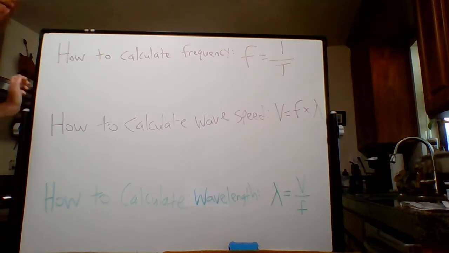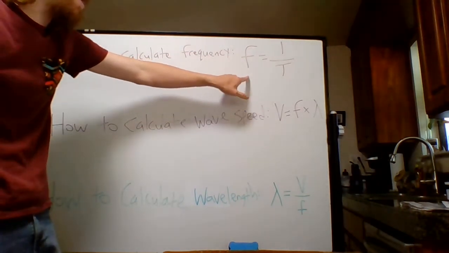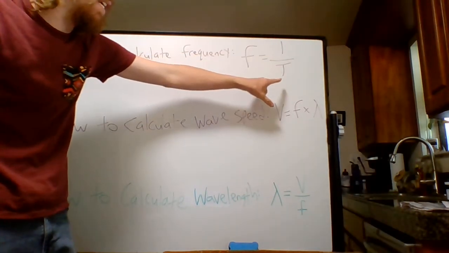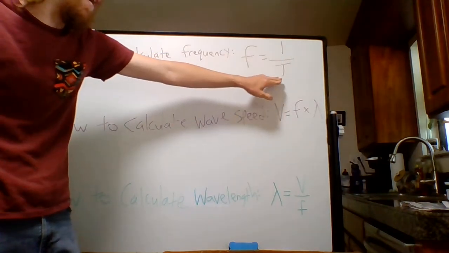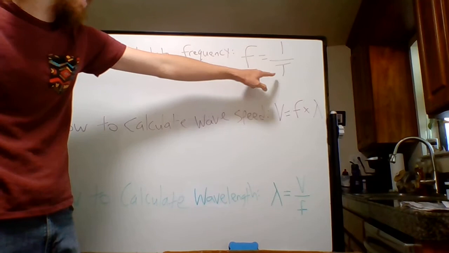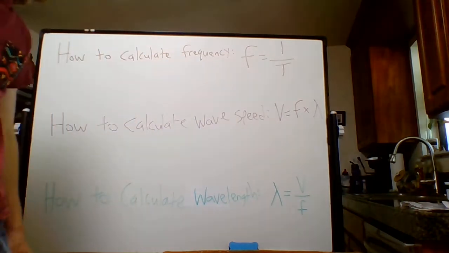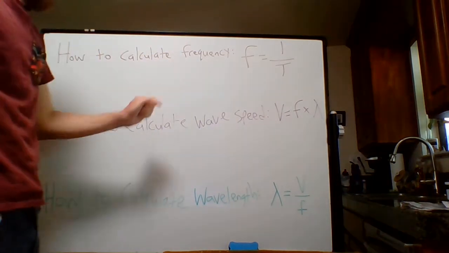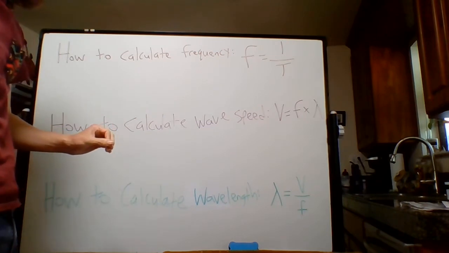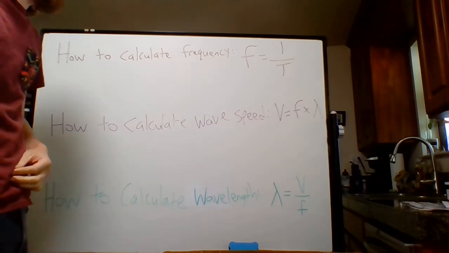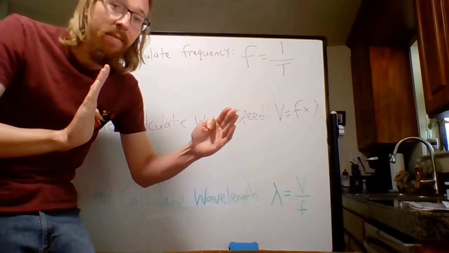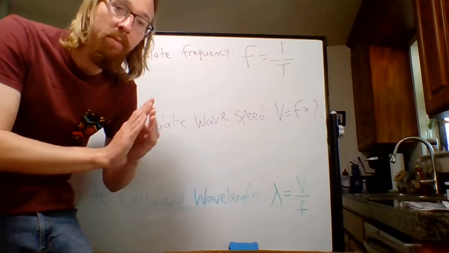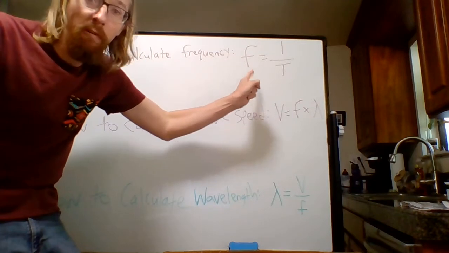To calculate frequency, you use the formula F equals 1 over T. That's to say, frequency equals 1 divided by the period. Remember that capital T is used to represent period. If you are asked for the frequency and you're given the amount of time that it takes for a wave to reach one point, then you use this formula.